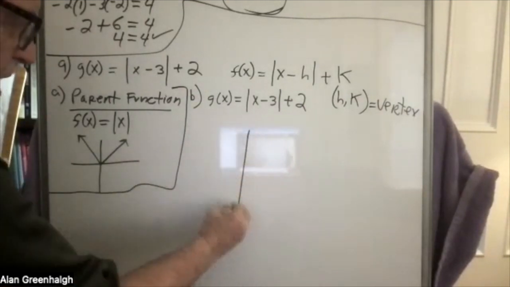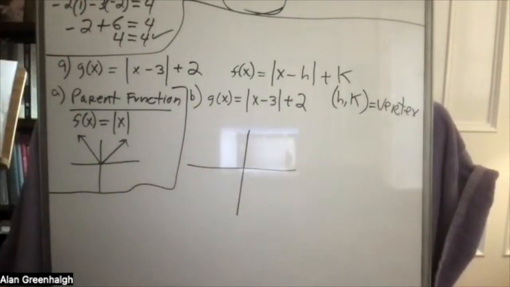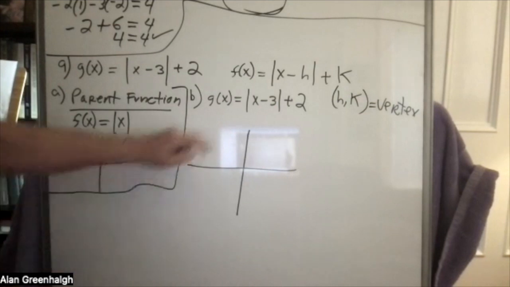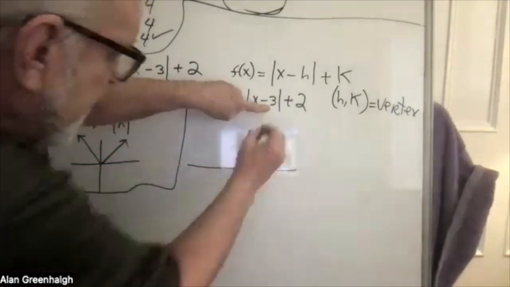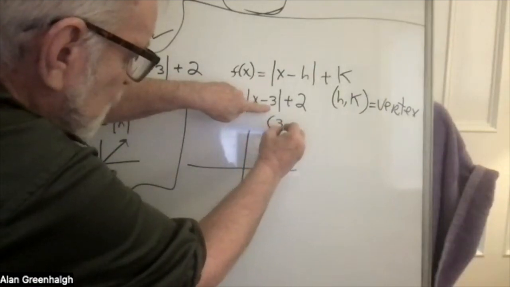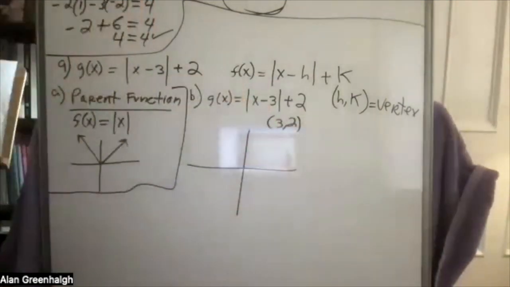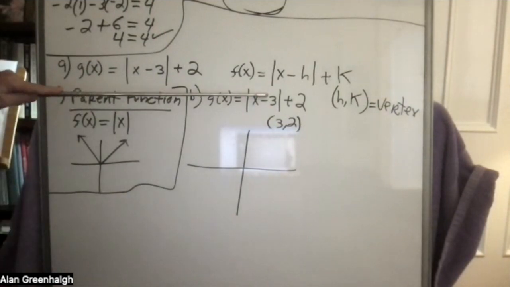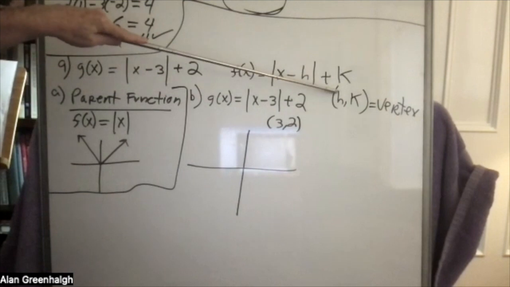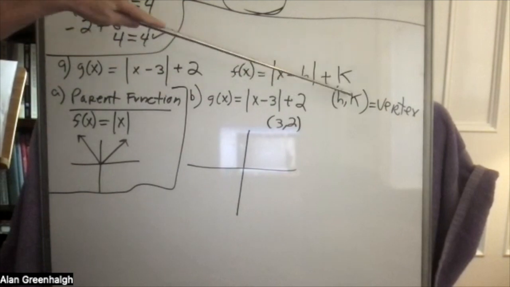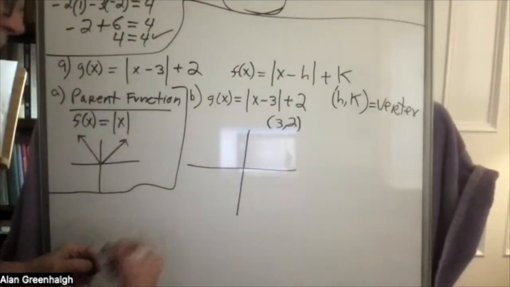So I draw a sketch. All I want is a sketch. And the vertex is 3, 2. This is the h. This is the k. There it says it right here.